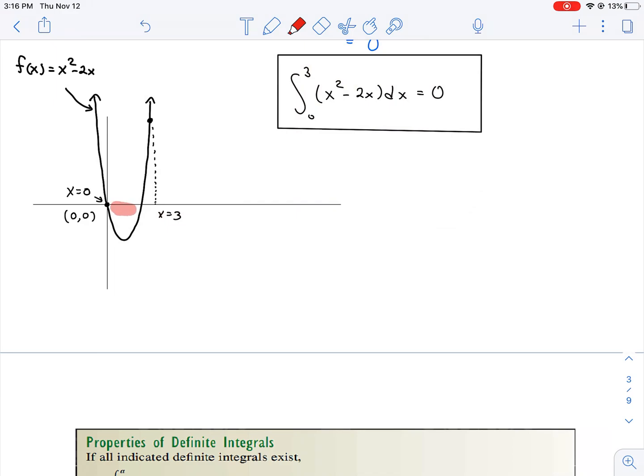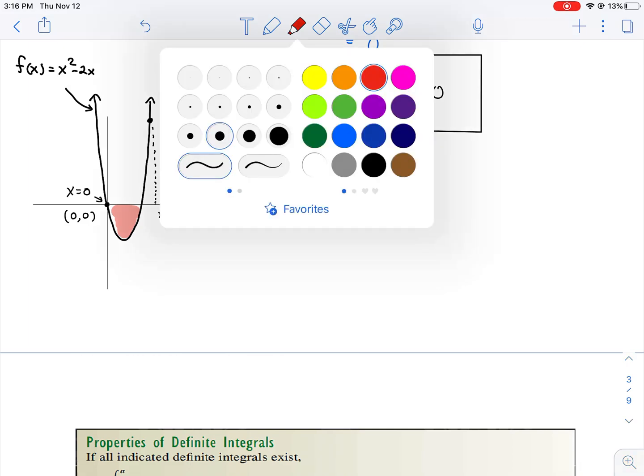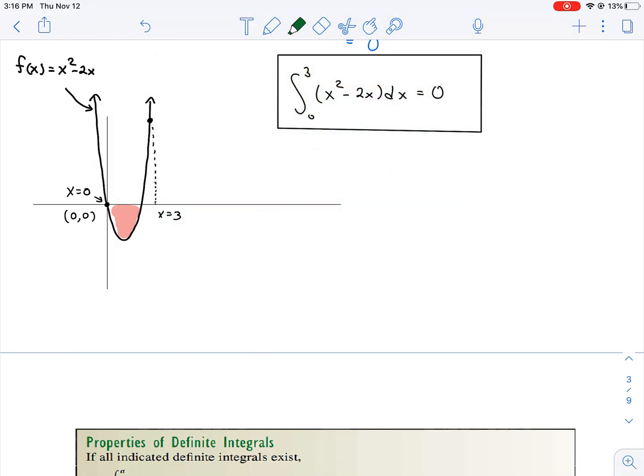Then I'm going to shade the area between the curve and the x-axis. And since the curve is below the x-axis, I'm going to shade it in red. And I'm also going to do the same thing between the curve and the x-axis, and shade this in green because the curve is above the x-axis.